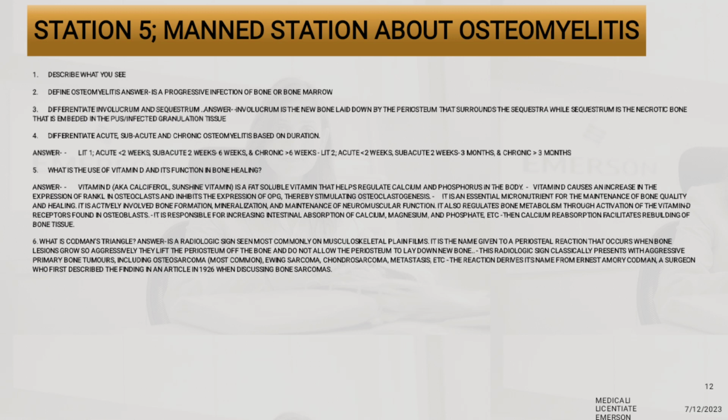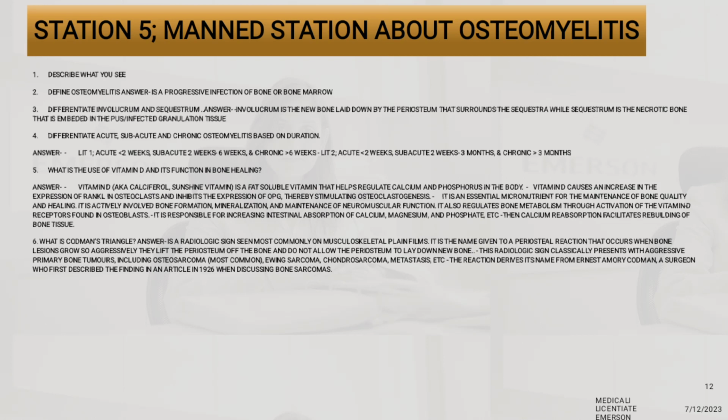This radiological sign classically presents with aggressive primary bone tumors, including osteosarcomas, which is the most common, Ewing sarcoma, chondrosarcoma, and metastasis. The reaction derives its name from Ernest Amory Codman, the surgeon who first described the finding in an article in 1926 when discussing bone sarcomas.